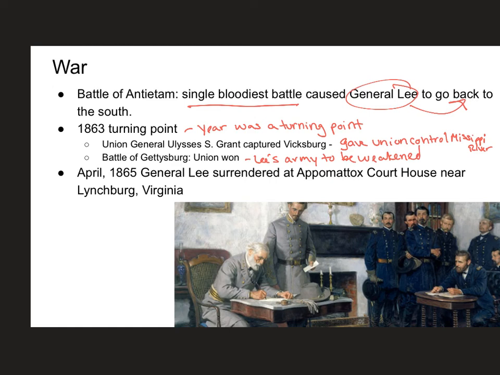And then finally in April of 1865, General Lee surrendered at Appomattox Courthouse near Lynchburg, Virginia. Essentially, when they say surrender, he gave in or gave up, and the North had control.